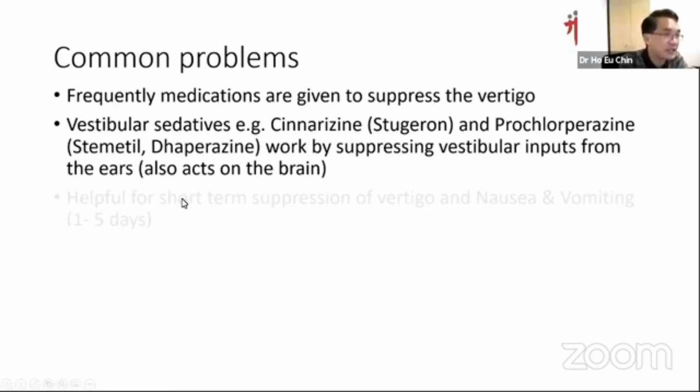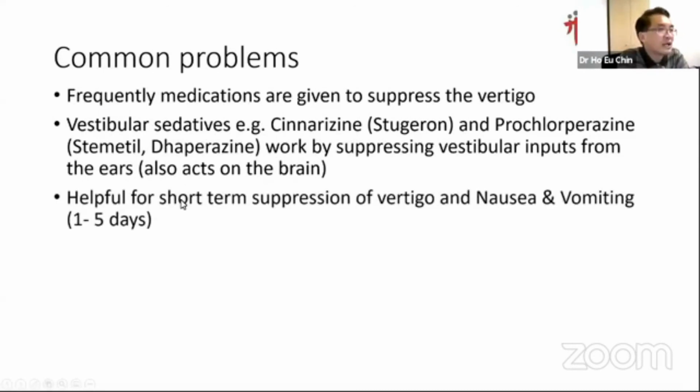It suppresses the brain. Now, when you're having an acute attack of vertigo and it's very severe, you're vomiting, you feel that life has come to an end. For example, with the vestibular neuronitis that I mentioned earlier, or a severe attack of Meniere's disease. Fair enough, right? I mean, taking it for a day or two to suppress the burst of the vertigo, to stop yourself from vomiting, so that you can drink some water and eat some food.